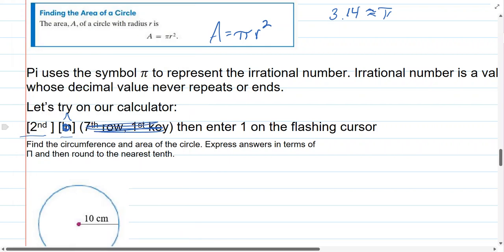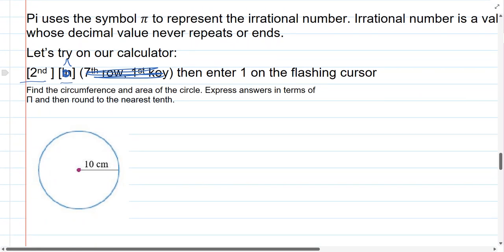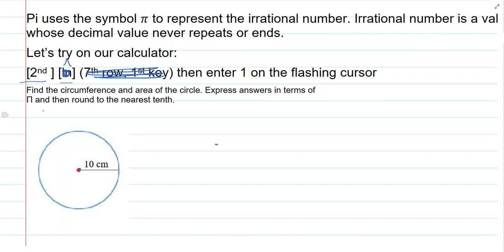So that's wrong. So we want to find the circumference and area of a circle. Express the answers in terms of pi. Okay, if we use pi without the approximate value, it is called an exact answer.